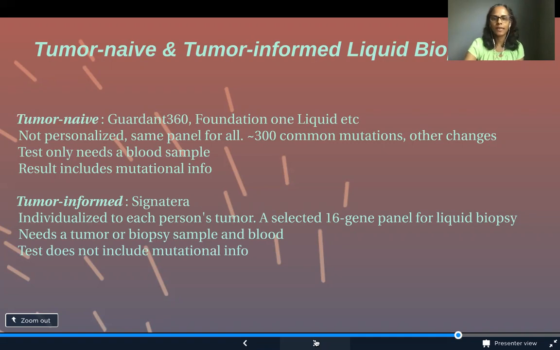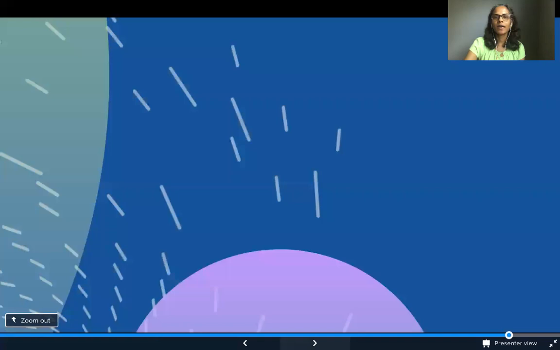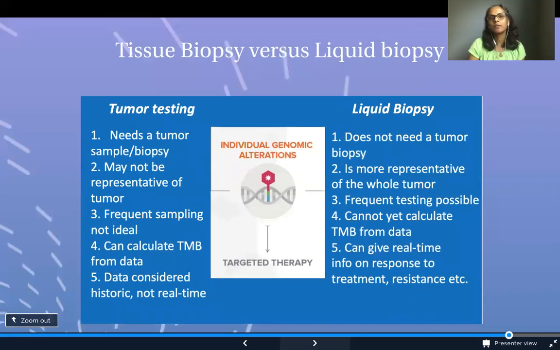So then in the last slide, I want to go over a comparison between tissue biopsy and liquid biopsy. With respect to tumor genomic testing, you obviously need a tumor sample or biopsy. And the disadvantage is that it is a very small portion of the entire tumor.